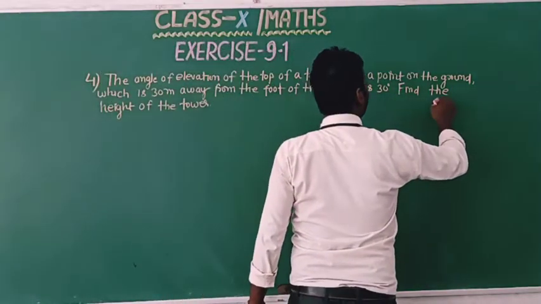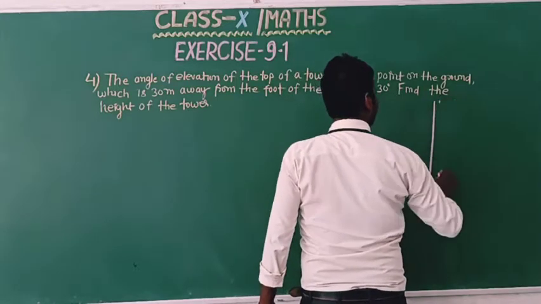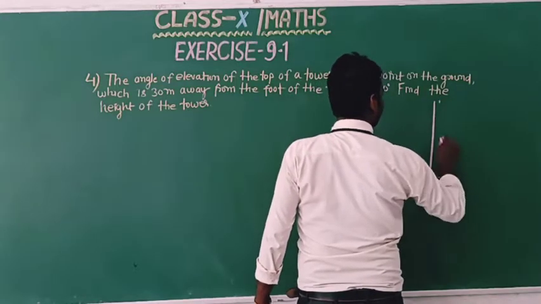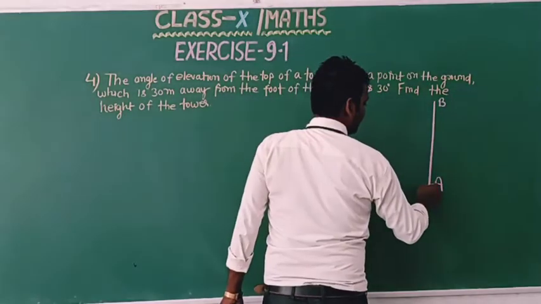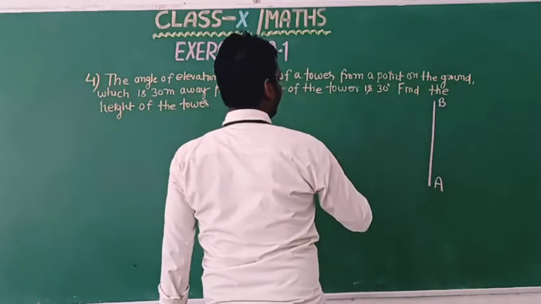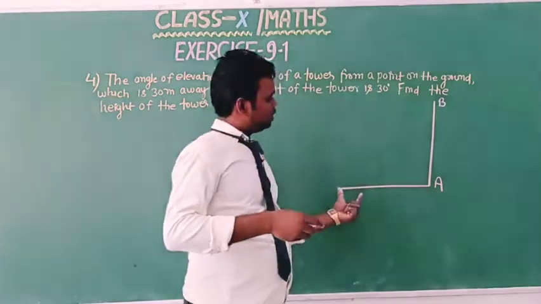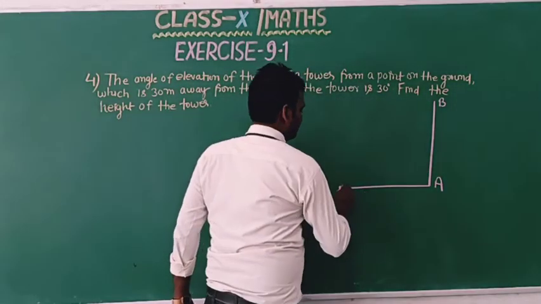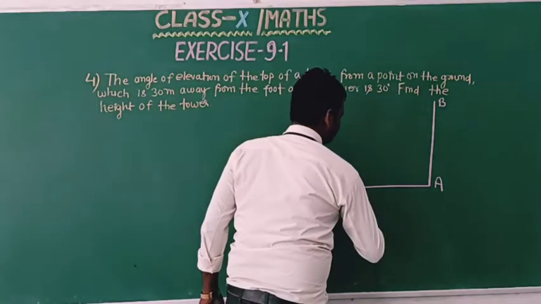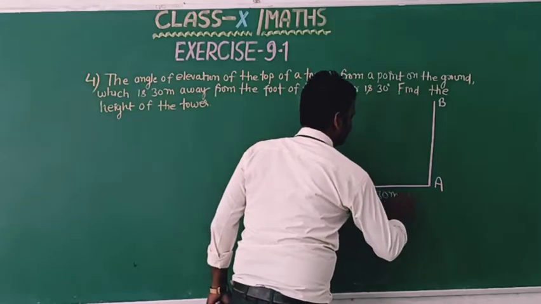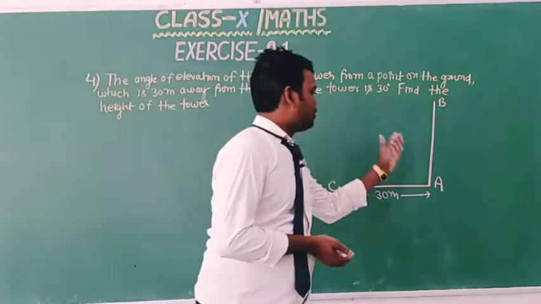Okay, so this is a tower AB, and a point, let the point be C, which is 30 meter away from the tower.